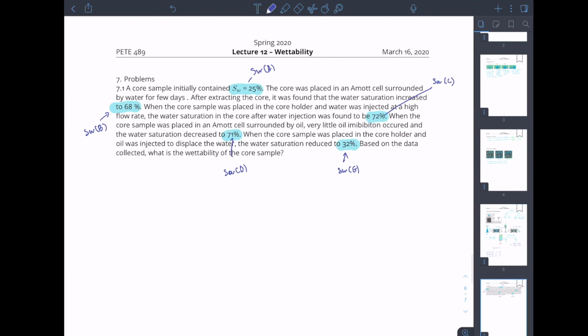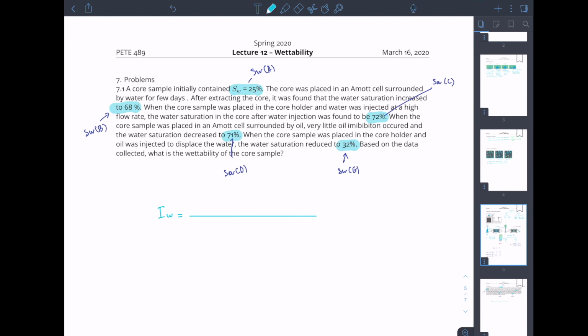So the first thing is IW, which is the Amott water index. And by the way, we will revisit the concept of Amott index once we go to capillary pressure and imbibition curves, where we will hopefully visualize the concept using different saturations, so that it will be easier to comprehend the topic.